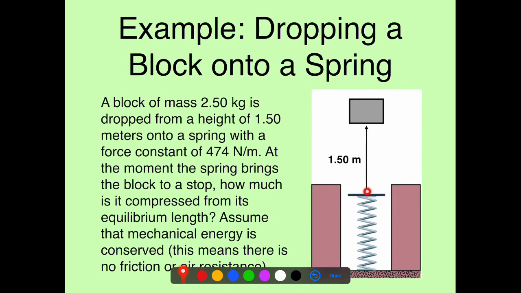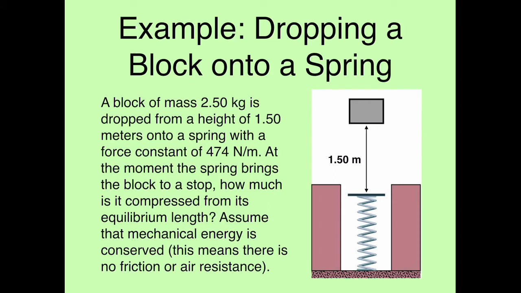It touches the spring, but it doesn't come to a stop right away. Instead, what happens is it compresses the spring, and as it compresses the spring more and more, it slows down more and more. And at some point, it's going to come to a stop. Okay, so what we want to know is, at the moment it comes to a stop, how much is the spring being compressed from this initial equilibrium length?